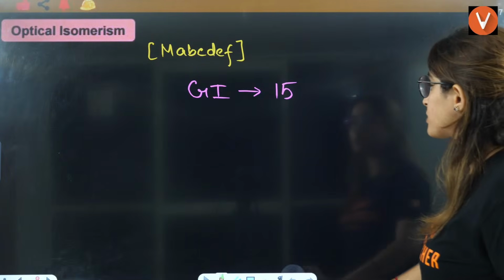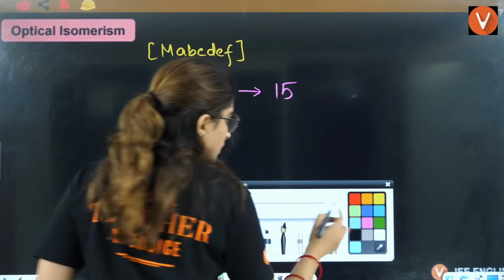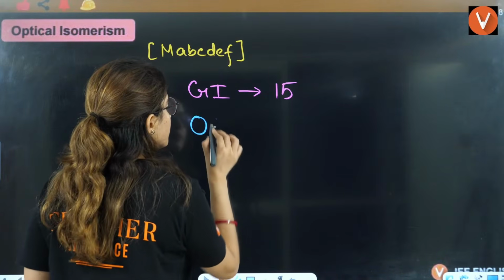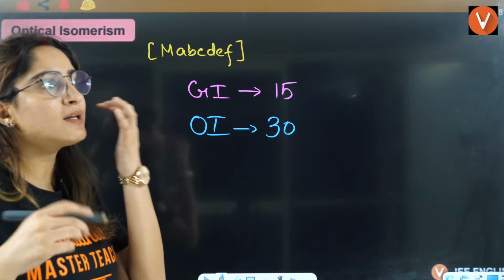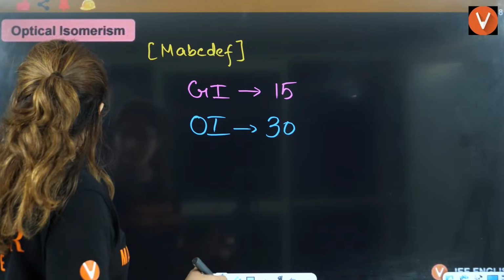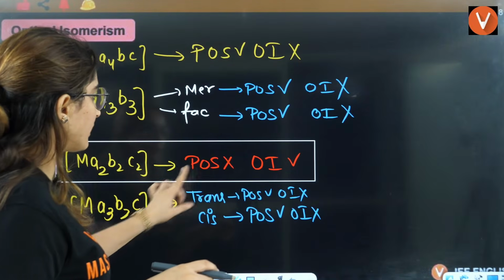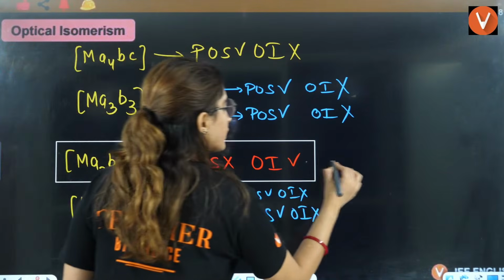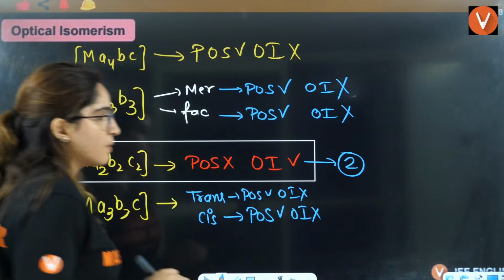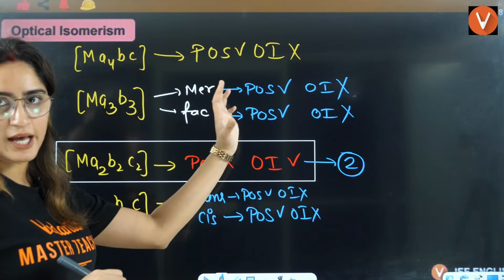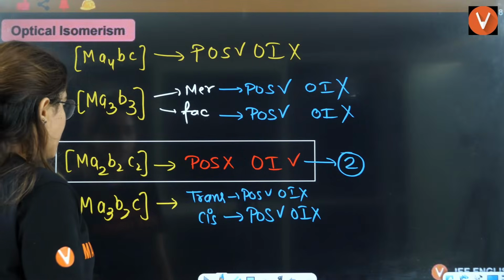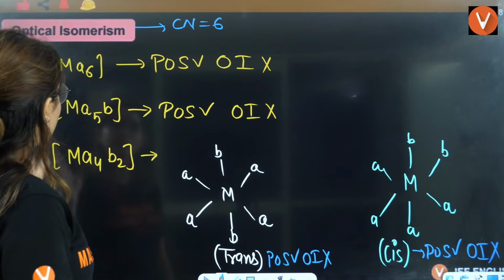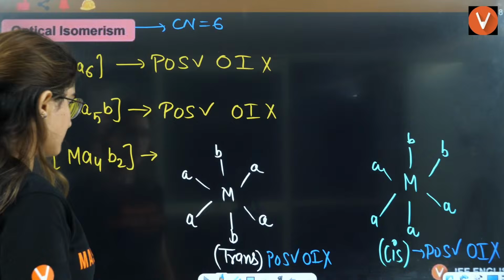So that means this is a very important thing. Optical isomers will be total 30, because when I say here an optical isomer exists, I say two optical isomers, because one is the GI itself and the other is the mirror image. These are the two optical isomers. If I say here it exists, here to nowhere it is existing.